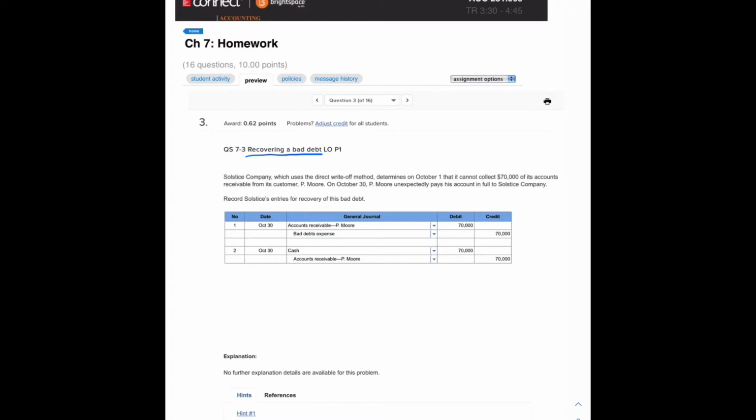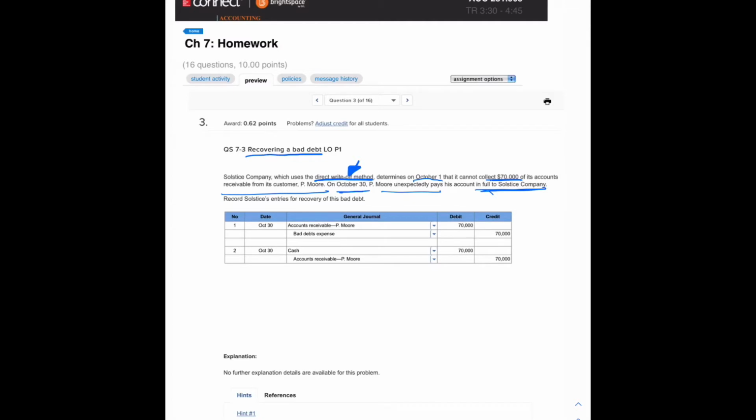So let's see what we're doing here. It tells us Solstice Company, which uses the direct write-off method. Make sure you always know exactly which method is being used because the entries may vary just a little bit depending on whether you're using the direct write-off method or the allowance method. It tells us that Solstice Company determined on October the 1st that it cannot collect $70,000 of its accounts receivable from P. Moore. But on October the 30th, he paid us in full.